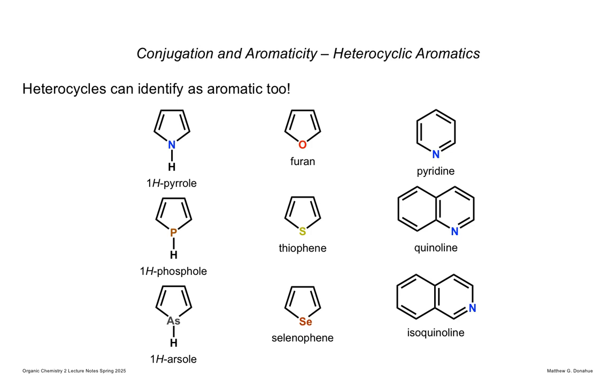So those were PAHs, but what about heterocycles with oxygen, nitrogen, or other elements? So we can have 5-membered heterocycles with nitrogen, oxygen, and then the elements you see are just going down the group: nitrogen, phosphorus, arsenic. Yes, arsenic, I think.